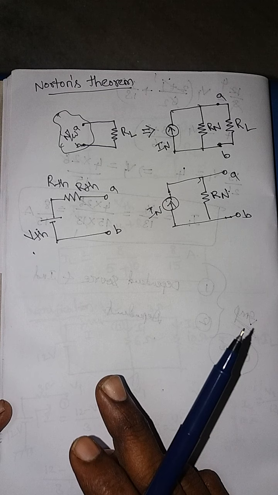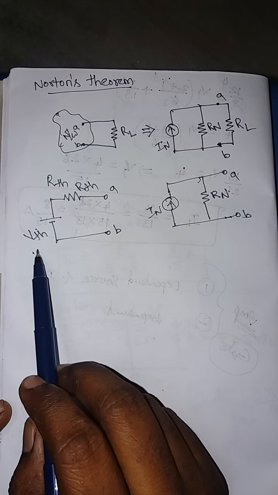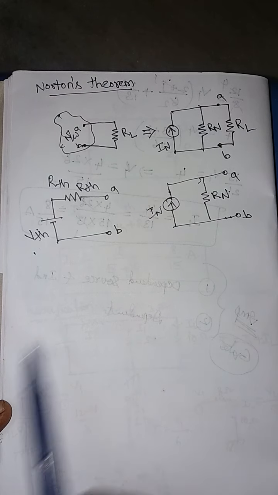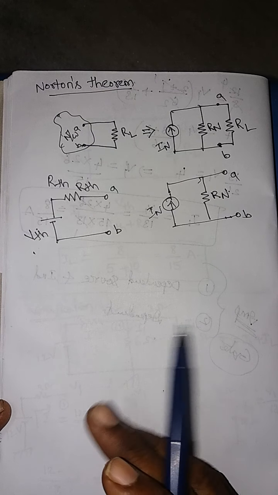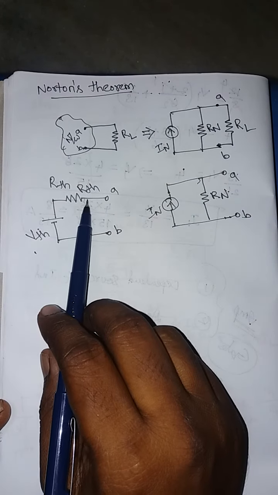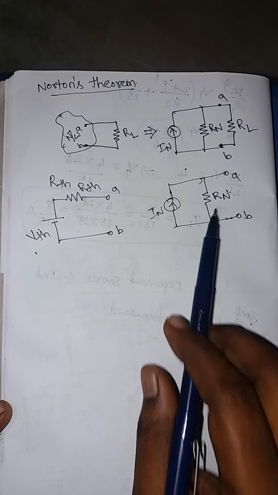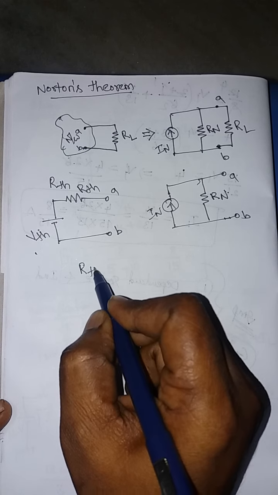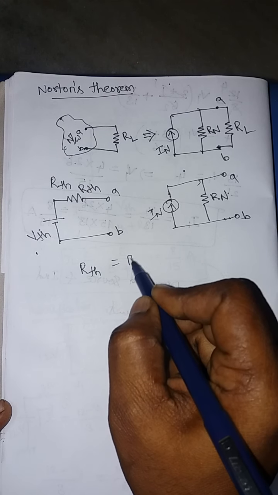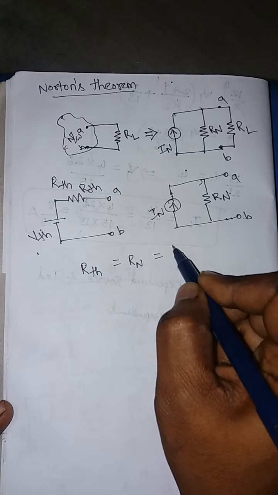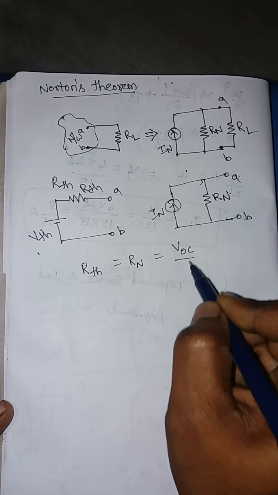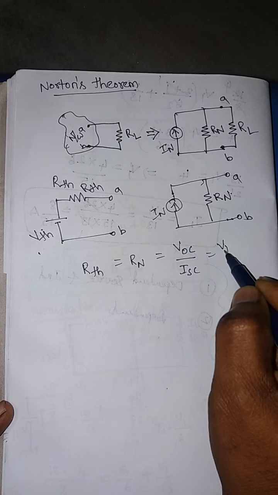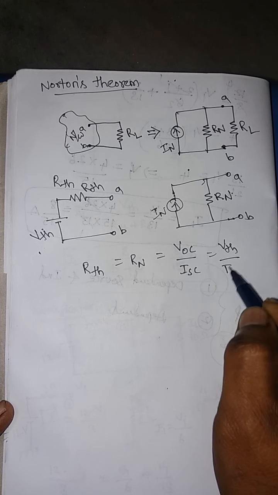The second one is that the open circuit voltage we need to find in Thevenin's, and here the short circuit current. The third one is that Thevenin's resistance and Norton's resistance are both the same, because RTH is equal to RN, which is equal to VOC by ISC, or VTH by IN.